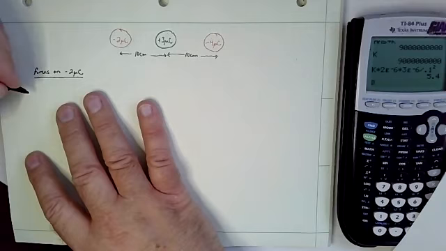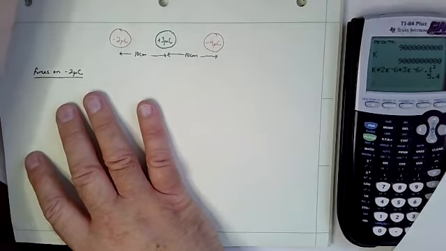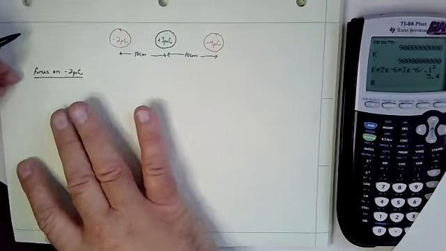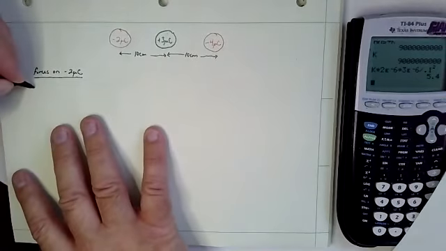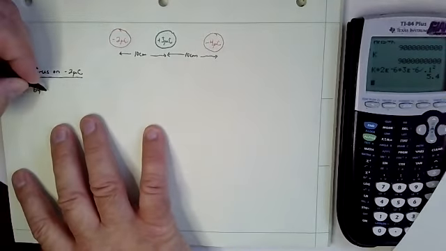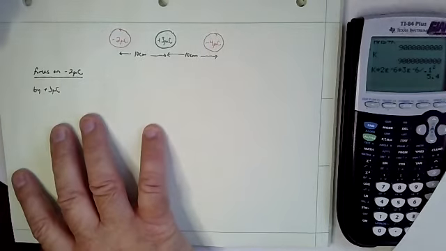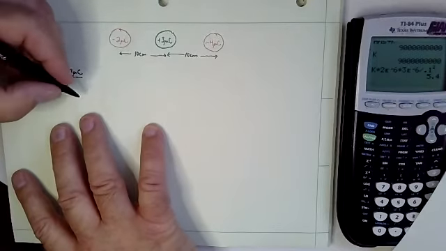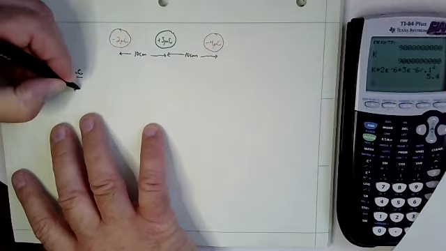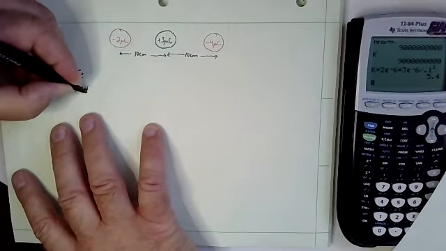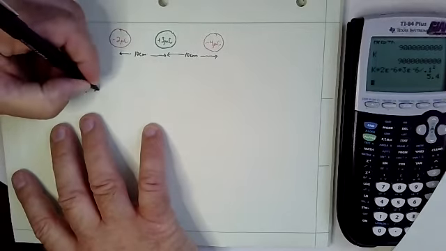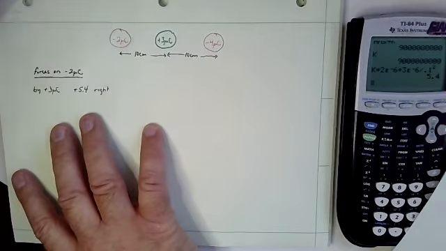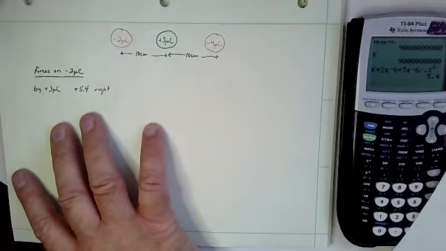By the +3 microcoulomb, we already did that. And so we know the force that's caused by the 3 microcoulomb charge is going to be plus 5.4. And just to be double safe, it's to the right because it's an attractive force.